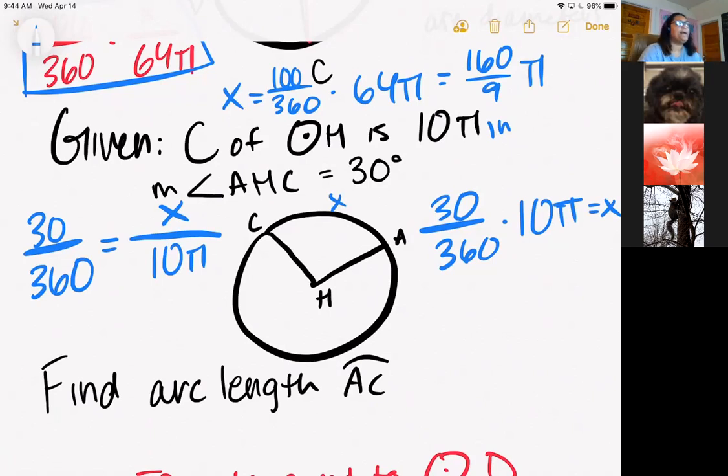So go ahead and try and practice this one to put it in a fraction, so a fraction times pi. Let's see if that'll work out. Yeah, it should. So let me know y'all's answer in terms of a fraction times pi.